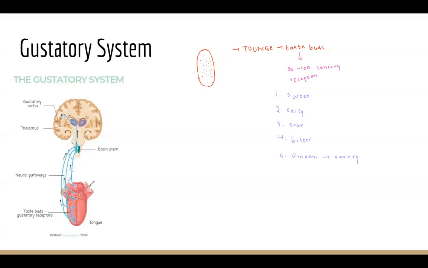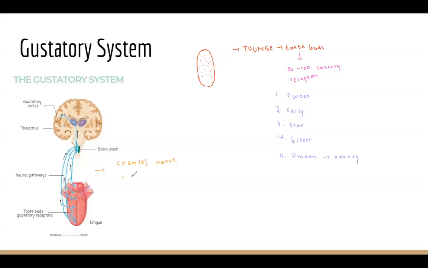So then let's get into it, right? Each taste bud has your sensory receptors, which take in information, right? That information is taken to the brain with 3 nerves, which are called cranial nerves. I'll make a video on these because these are very, very, very important. There are 12 of them.